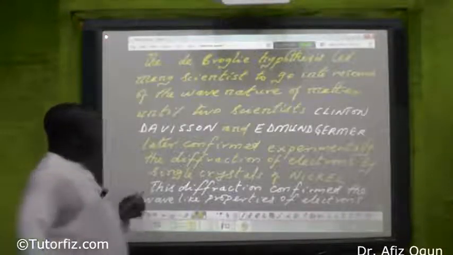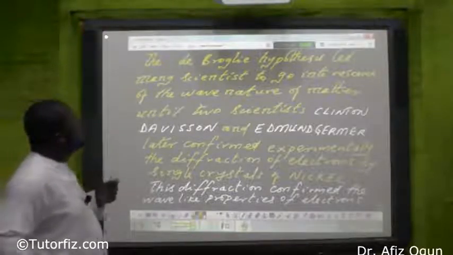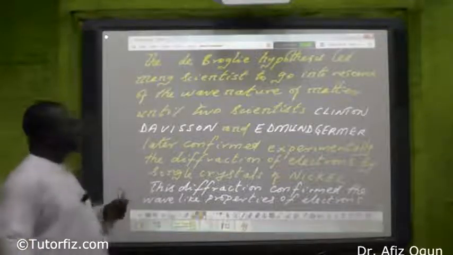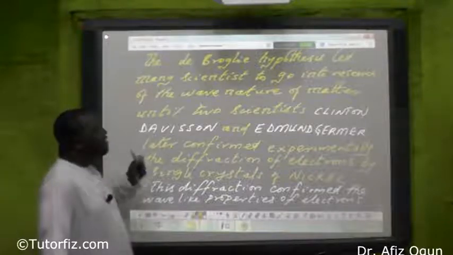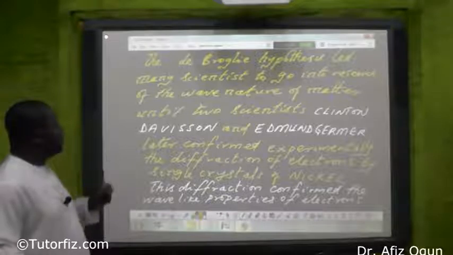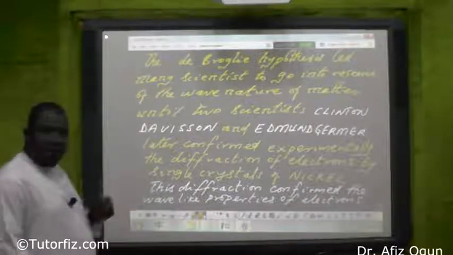Now, the de Broglie hypothesis led many scientists into research on the wave nature of matter, until two scientists, Clinton Davisson and Lester Germer, later confirmed experimentally the diffraction of electrons by a single crystal of nickel.